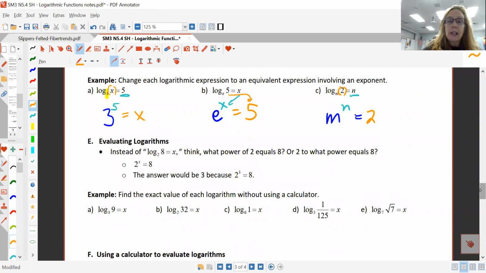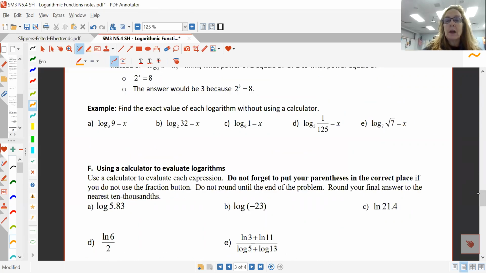So if we're looking at finding our values, let's do a couple of these. If I look at my values, I'm looking at B here. Log base 2 of 32 is x. So what am I looking for? 2 to the power of x is 32.